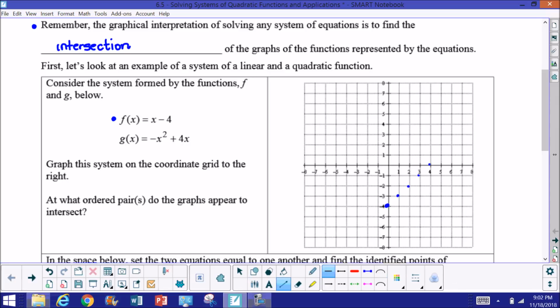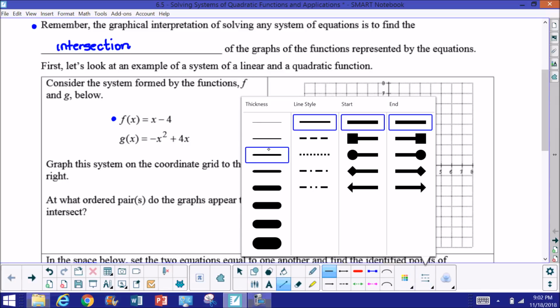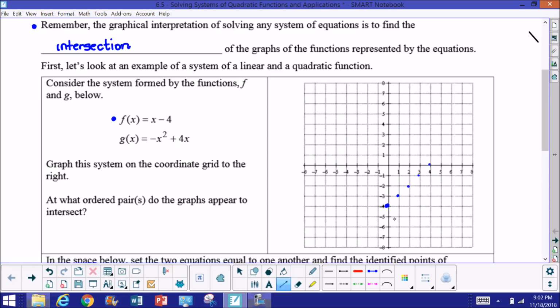And I think that this will become a little obvious to you here in just a bit. Now, I'm going to have a little bit hard time with the straight edge on the computer, so I'm going to cheat just a little bit, and I'm going to use the idea of a straight line tool instead. So I can probably get this line to traipse through these points with that slope of 1 as best I can to look a little bit something like that. And then I believe I promised you that I would graph this line in blue, so that's the next thing that I want to do.